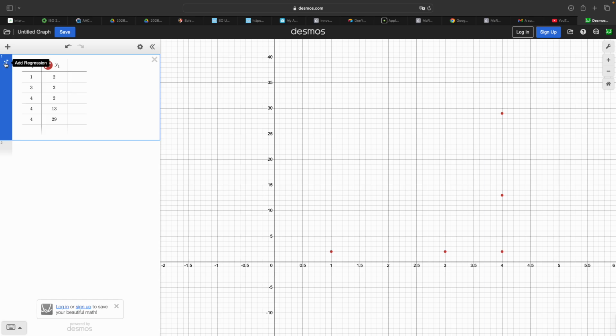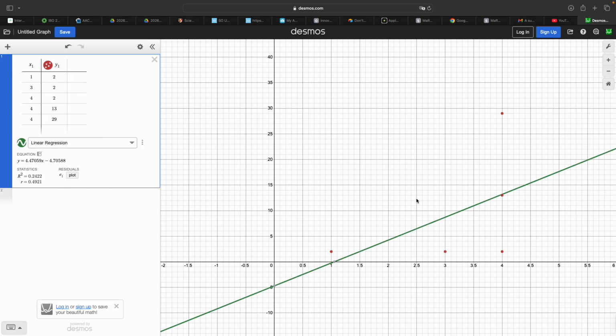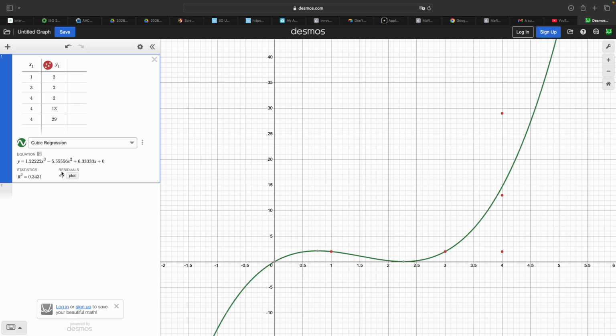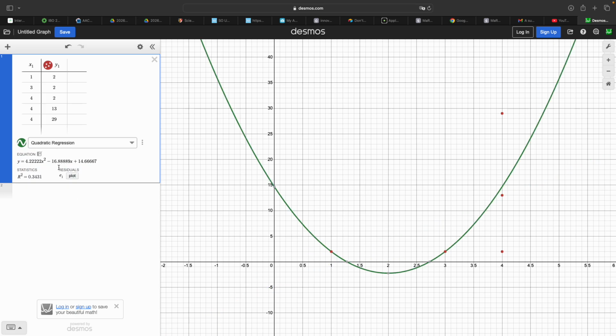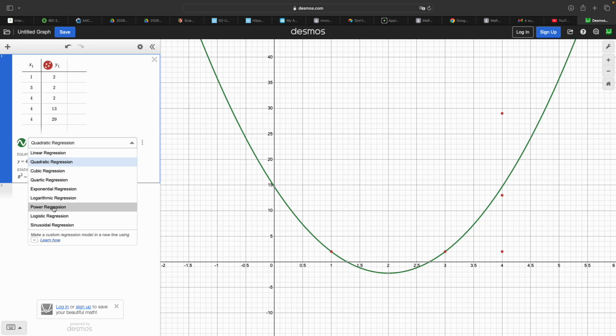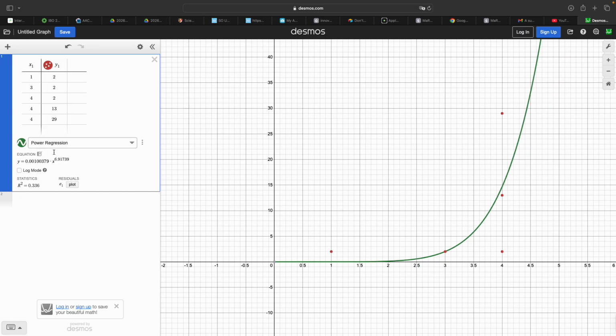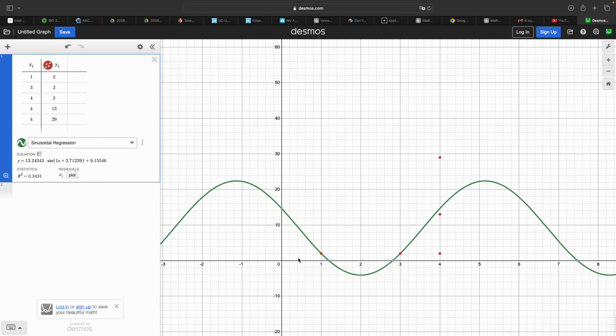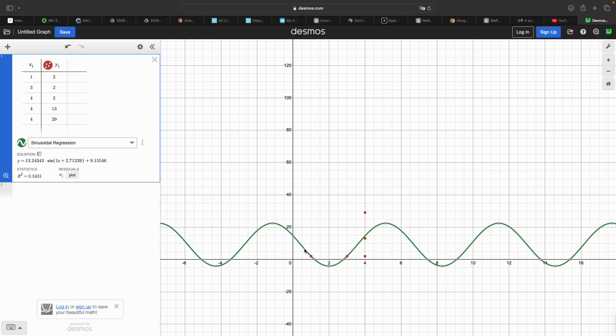Or you can write a linear regression that matches it. And this gives you the slope intercept form, but you could change this to a cubic regression, a quadratic regression, or a power regression. You can literally change it to whatever you want. But that's besides the point.